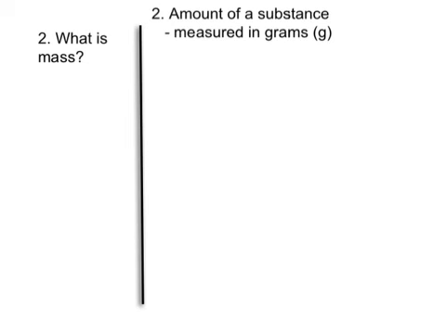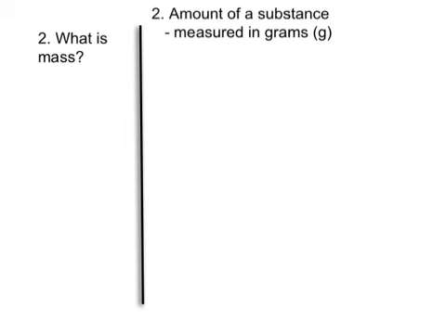We measure mass in the unit grams. If it's a huge mass, we can convert it to kilograms. If it's a really tiny mass, we can go even smaller, like milligrams and picograms. But the main unit we'll be using is grams.